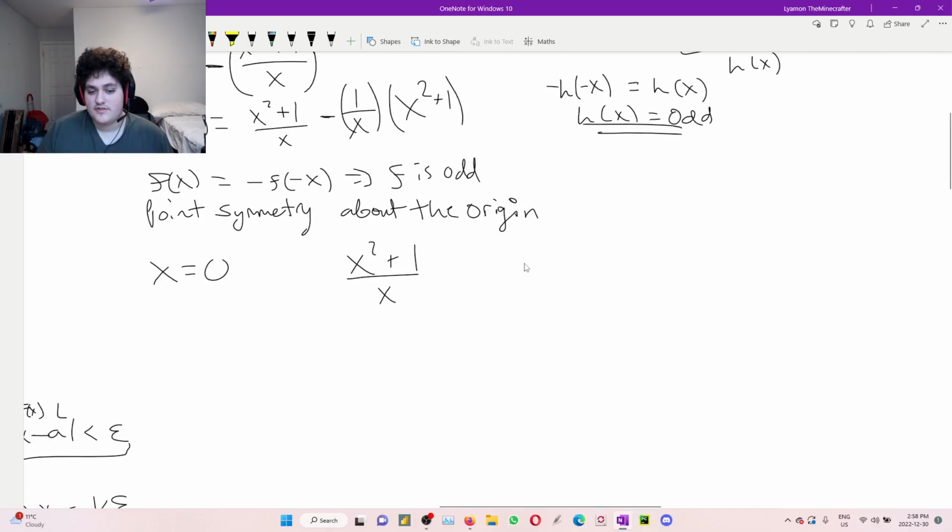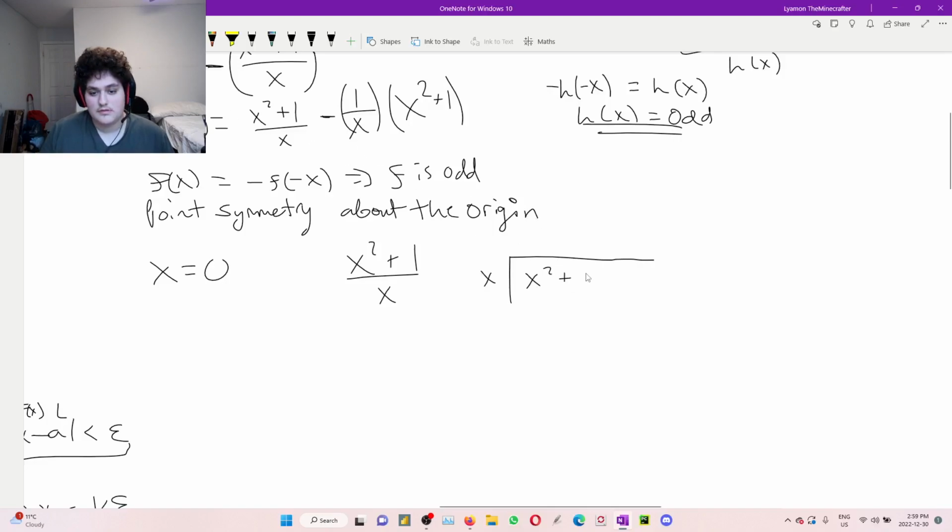We can do long division here to find what the oblique asymptote should be. We want to find what times this will give me this, so that would be x, right?